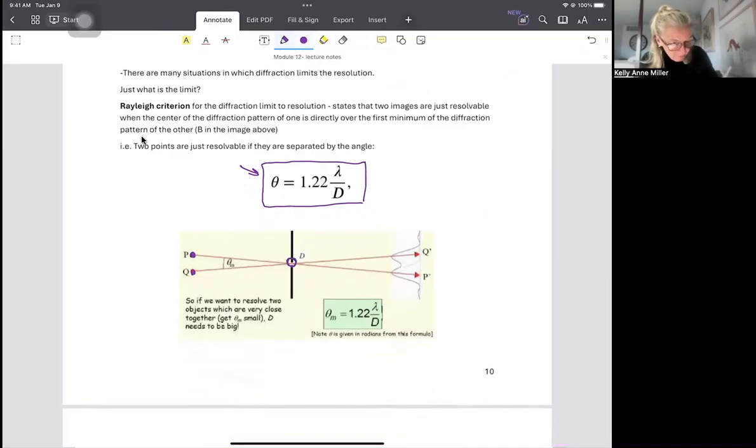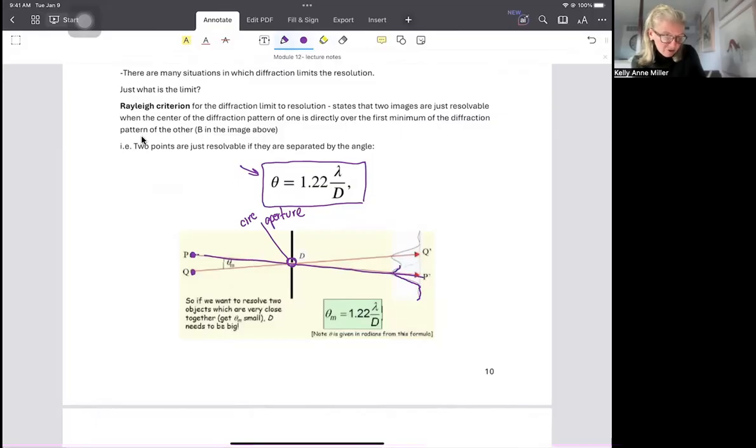You can't really see it, but this is a circular aperture with a diameter D. The light from P is going to go through, and I've got a screen here. It's going to hit the screen and it's going to have a diffraction pattern.